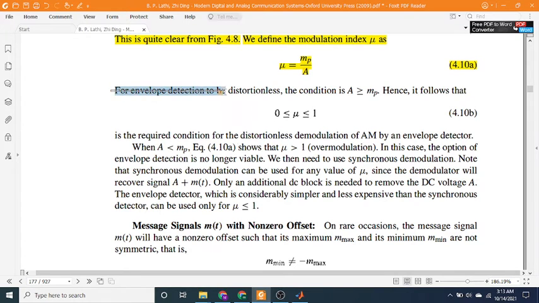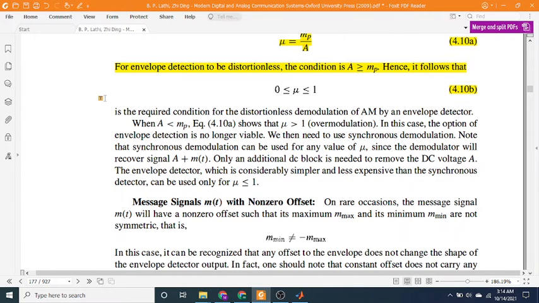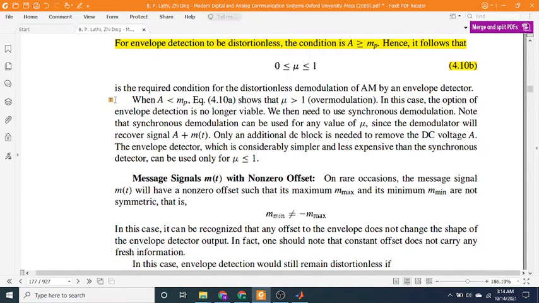For envelope detection to be distortionless, the condition is A ≥ m_p. Hence, it follows that 0 ≤ μ ≤ 1 (4.10b) is the required condition for the distortionless demodulation of AM by an envelope detector.